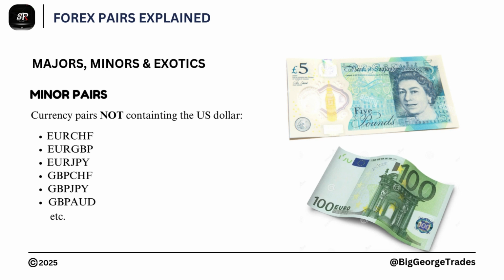The difference between the major pairs and the minor pairs is that with the major pairs, there is a lot of volatility because most of the transactional flow occurs there. There's volatility in the minor pairs too, but not as much as in the major pairs.